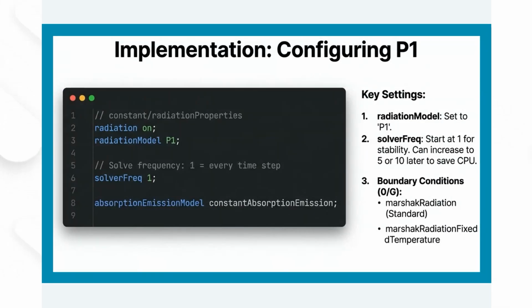Let's move from theory to syntax now. I'll primarily talk about OpenFOAM because that's where we can actually run simulations and understand radiation itself. So to activate radiation in OpenFOAM, there is a particular file in the constant directory. It's called radiationProperties. As you can see in the code snippet here, we set radiation to on, and we define the radiation model as P1. The most critical setting for performance is this solver frequency here.